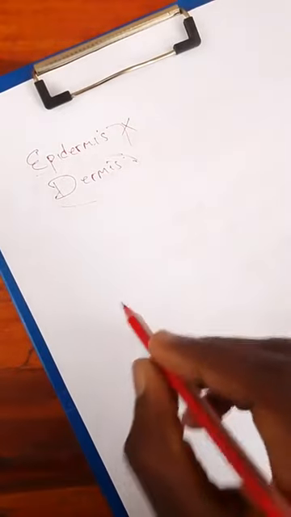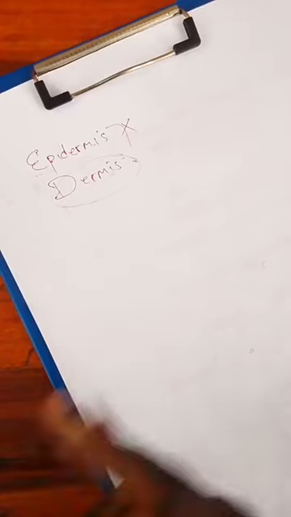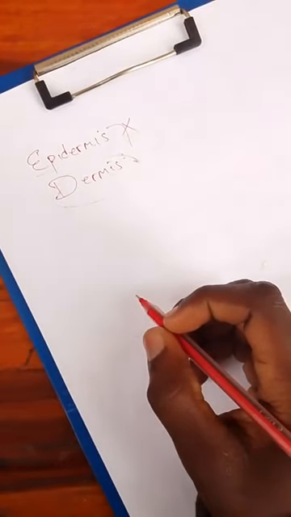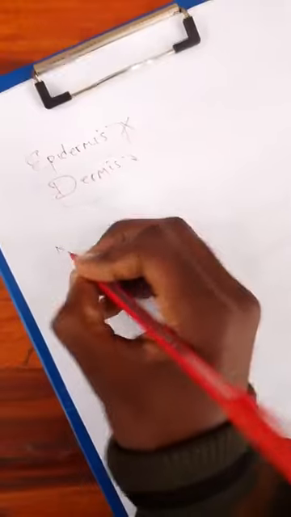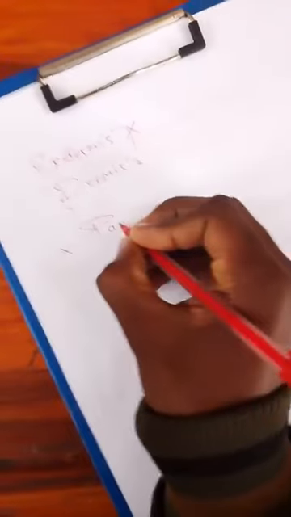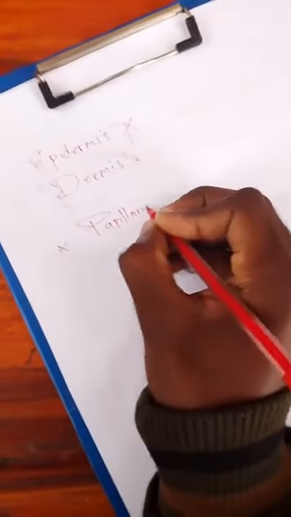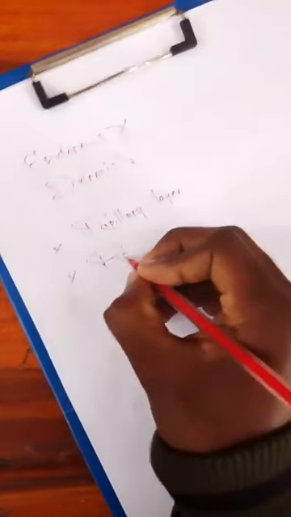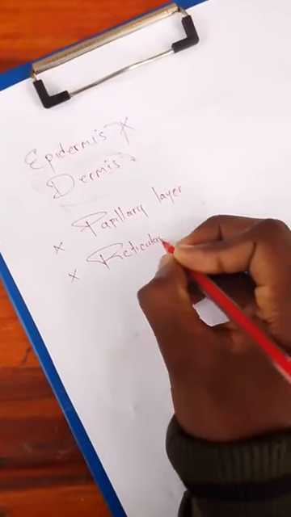So the dermis also has layers, but the layers of the dermis are just 2. They are not going to give us a hard time to know them. So we have the first layer, which is known as the papillary layer, and then we also have the reticular layer.